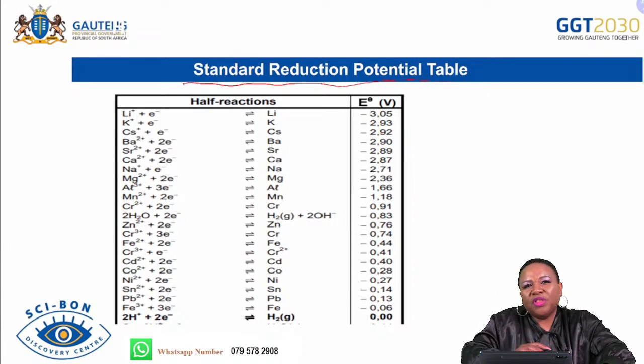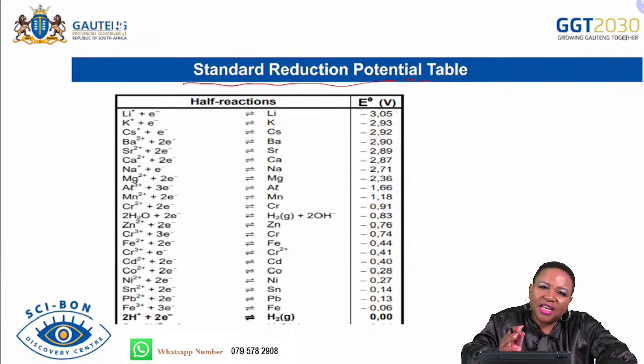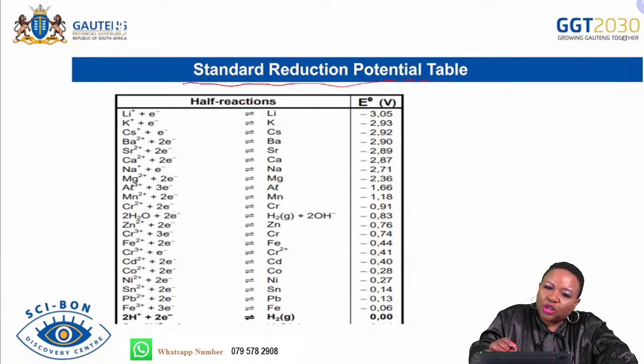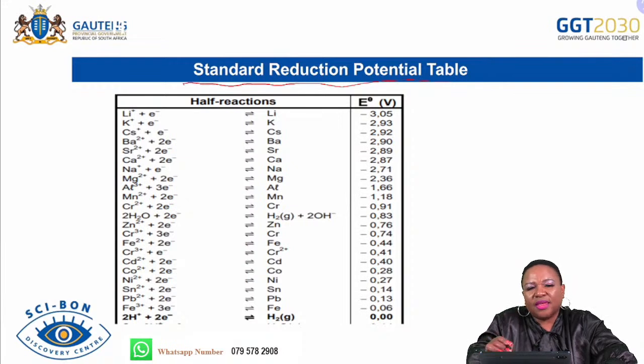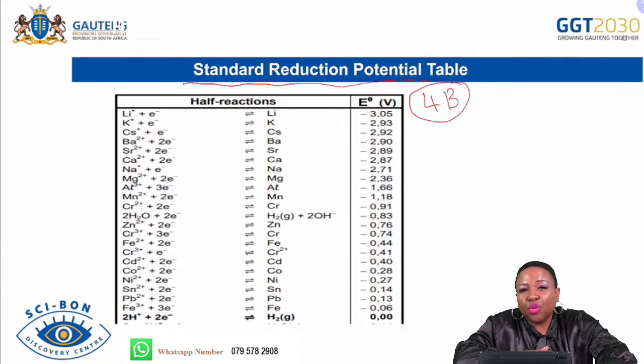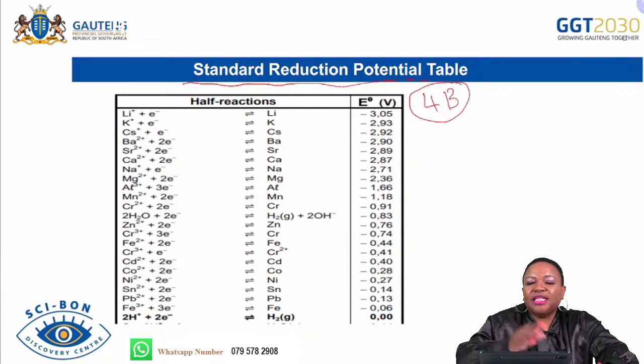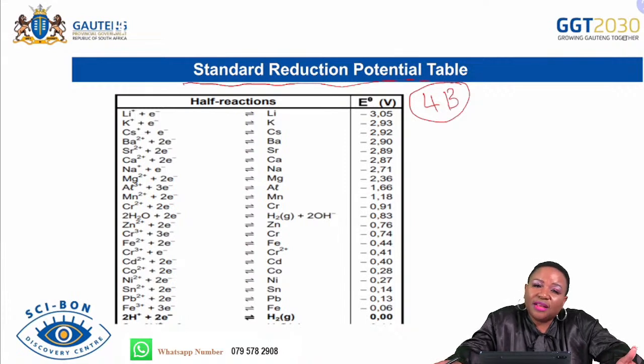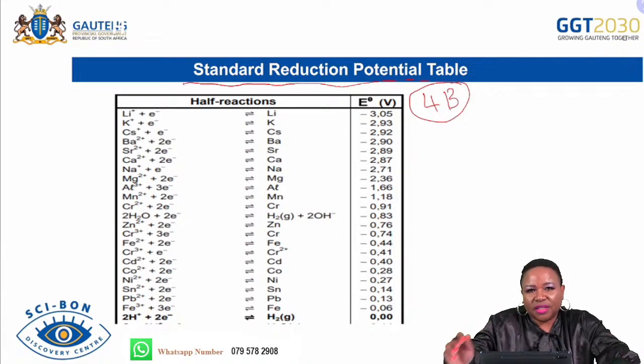For the purpose of this lesson, there are two tables, one labelled 4A and the other labelled 4B. In this case, we are going to use 4B. What do you do when you get into the exam room and get the two tables? Because our lesson today is mostly focused on 4B. Definitely the two tables are the same, but they are just vice versa.